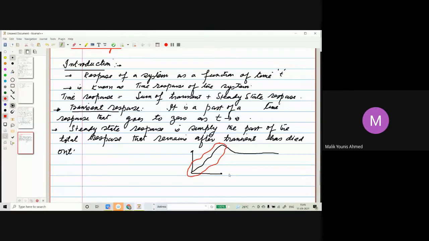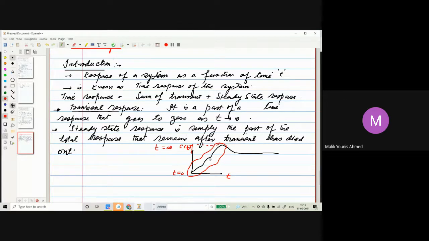So this is the time t, and this is the response of the control system, C of s. Sorry, in the time domain, it is C of t. Let's say this is time 0 here, and this is t equal to infinity.